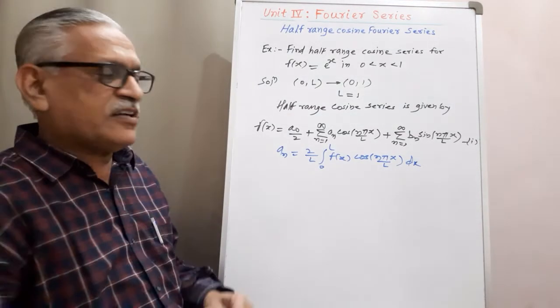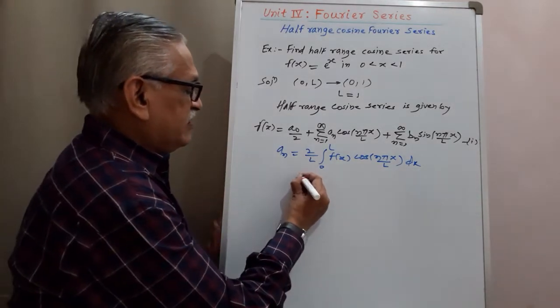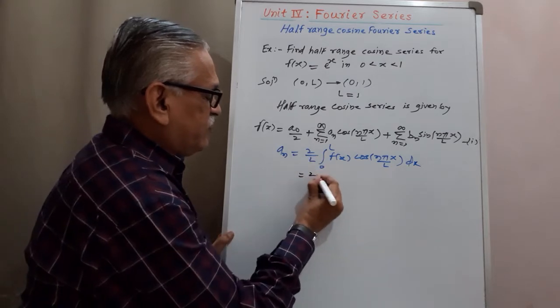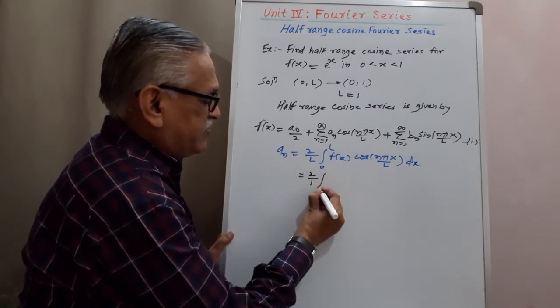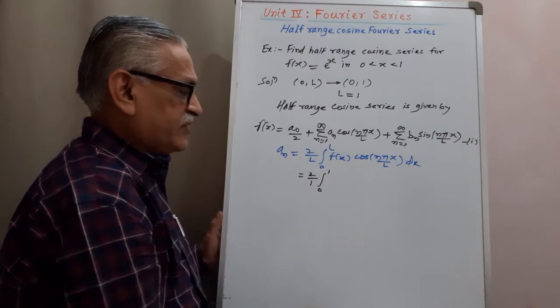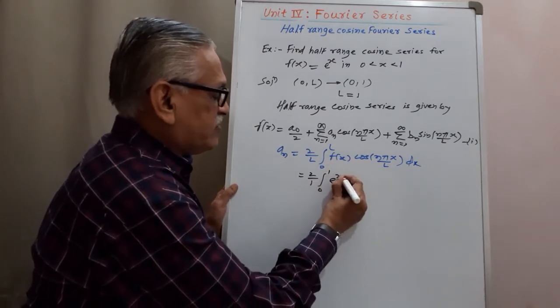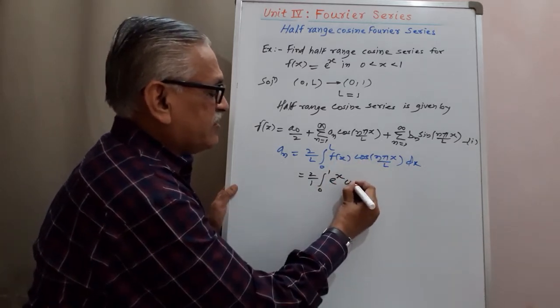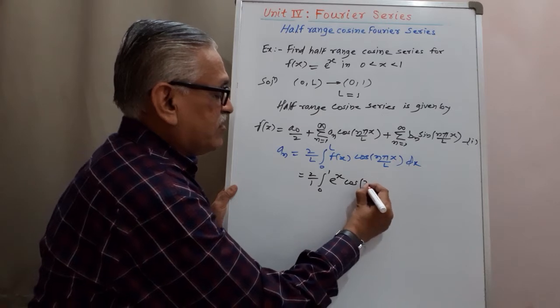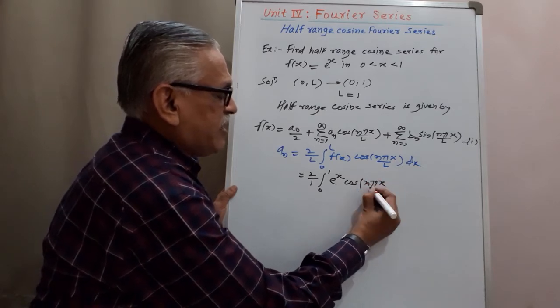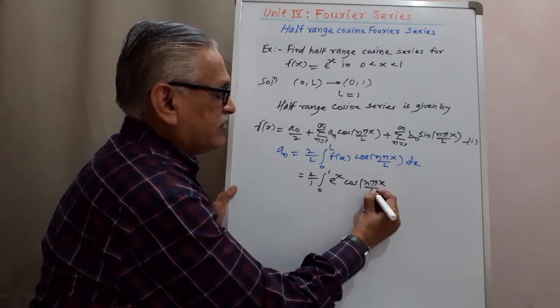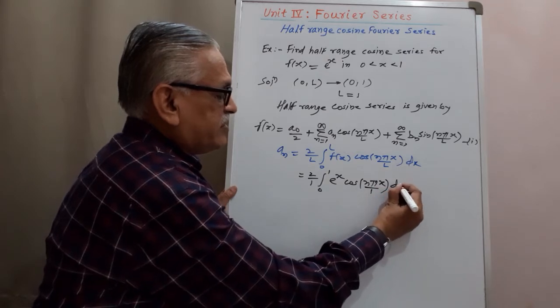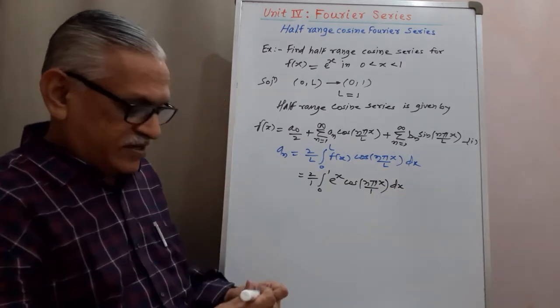Substituting the corresponding values, L is 1, therefore it is 2 by 1 integration from 0 to 1, f of x is e raised to x multiplied by cos of n pi x by L, L is 1, with respect to x.